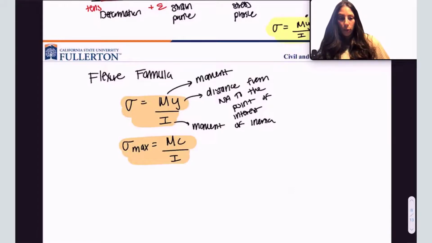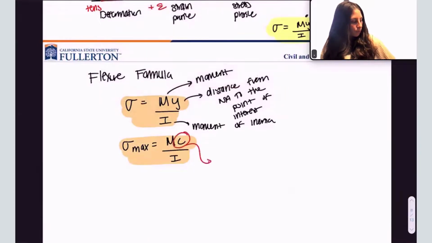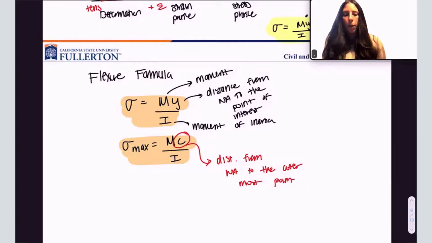The only difference between the sigma equation and the sigma max equation is this guy right here, C. And this is just the distance from the NA to the outermost point. Can be top or bottom.